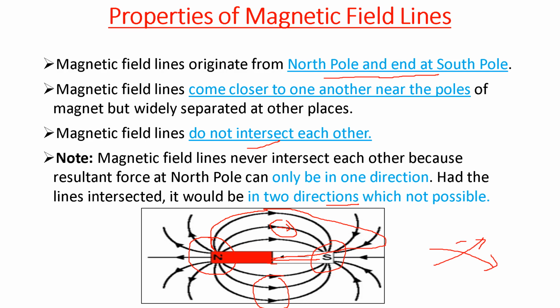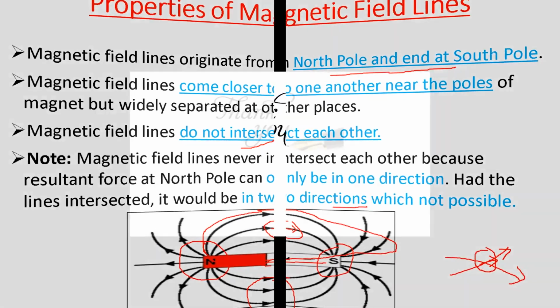So if a magnetic compass is placed here, the needle would have to point in two directions, but it will point in only one direction. So this shows that the magnetic field lines do not intersect each other. Okay, so this was about the properties of magnetic field lines.